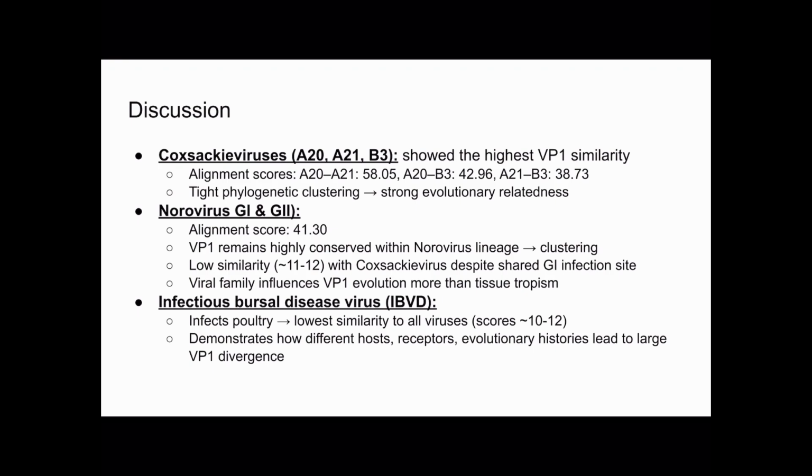This suggests that the viral family, not just the infection site, strongly influences capsid protein evolution and sequence conservation. Infectious bursal disease virus exhibited low similarity, as expected, with all human infecting viruses, highlighting the influence of host range and evolutionary history, as IBDV exclusively infects birds.